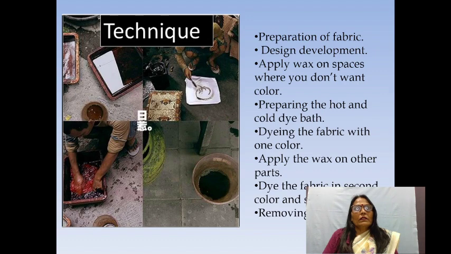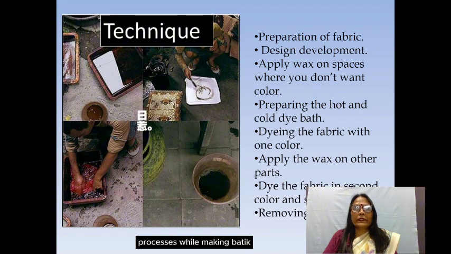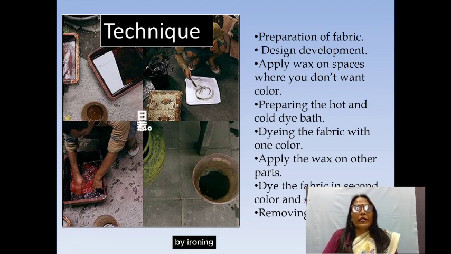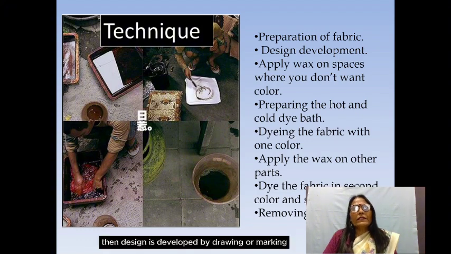Then we come to the different processes while making a batik. First of all, fabric is prepared, which means it is thoroughly washed and made wrinkle free by ironing. Then design is developed by drawing or marking.